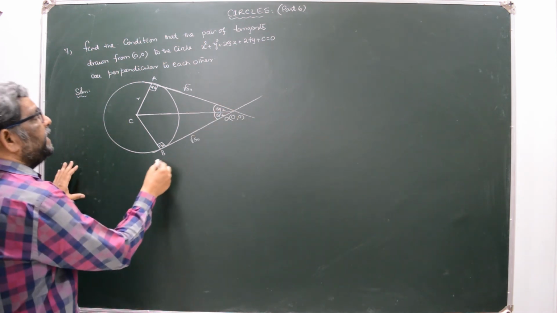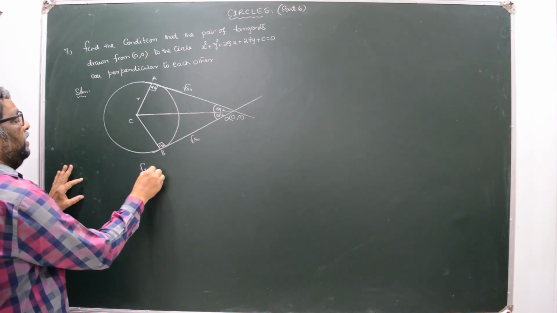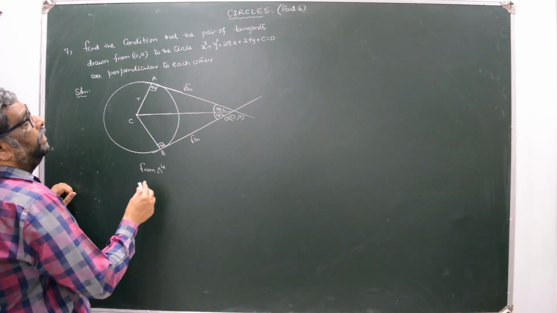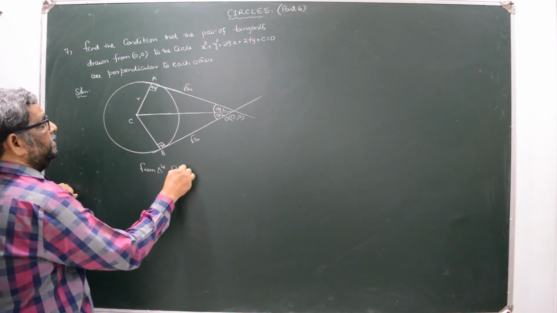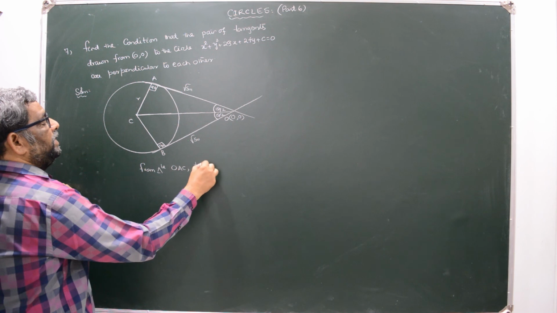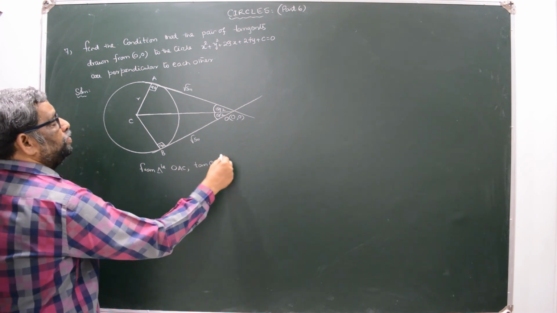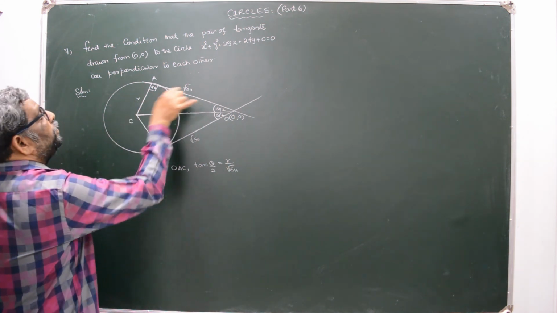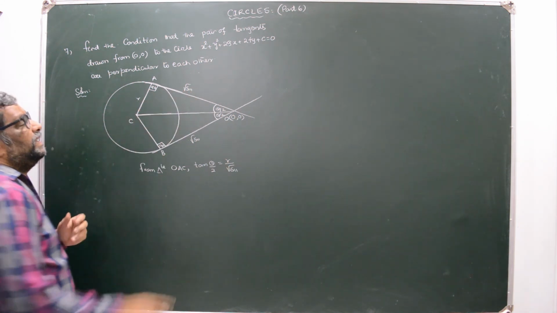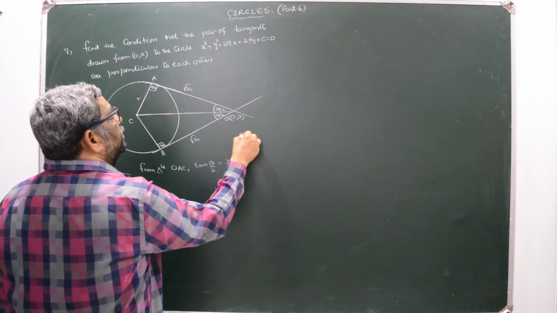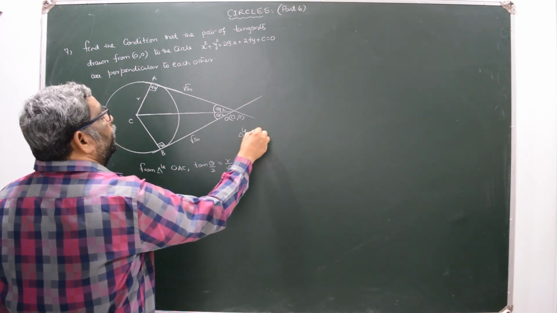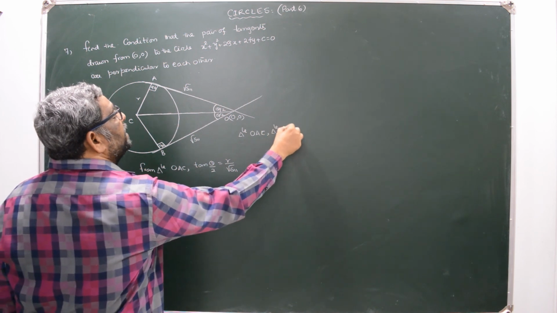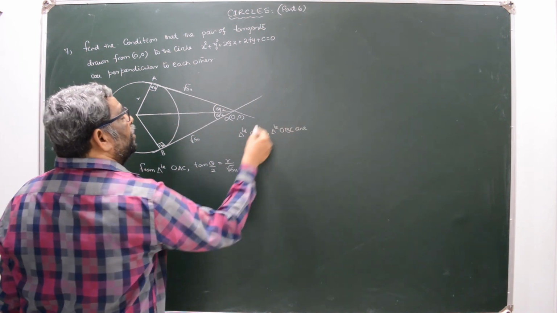Now from triangle OAC, tan theta by 2 is equal to R by root S11. Here the triangles OAC and OBC are congruent.